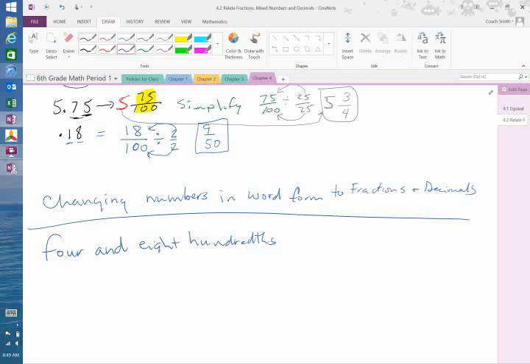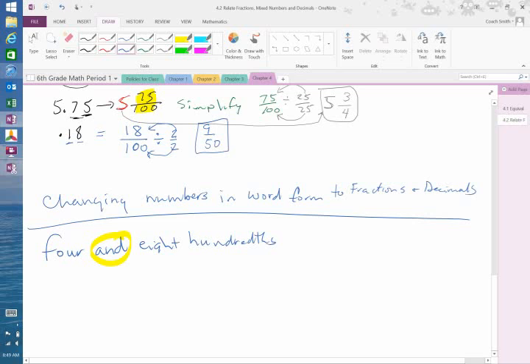We studied in the first week of school how to change four and 8 hundredths from word form to a decimal number. We know that the word and means a decimal.